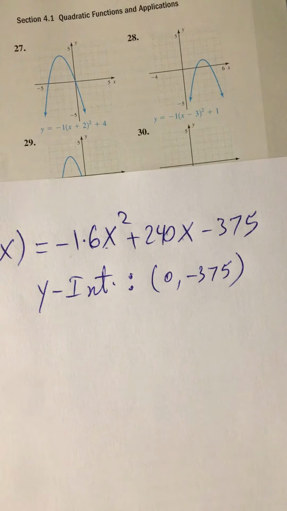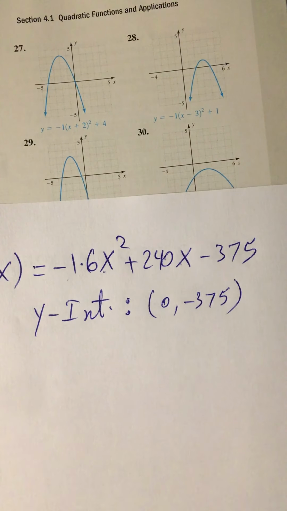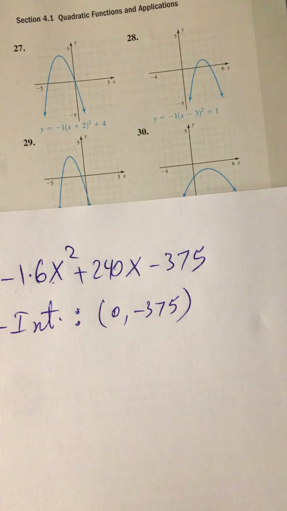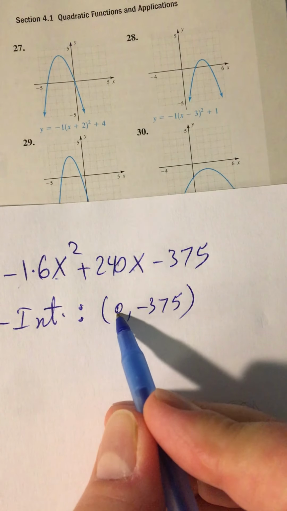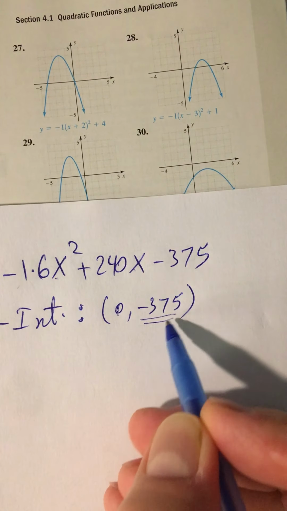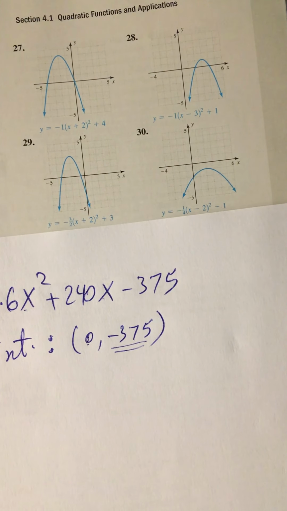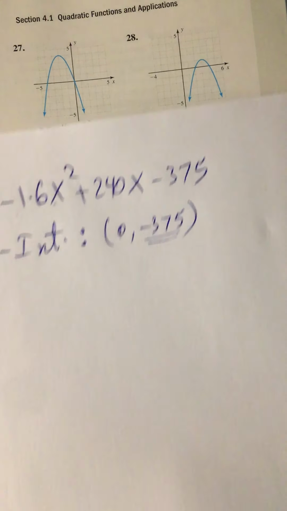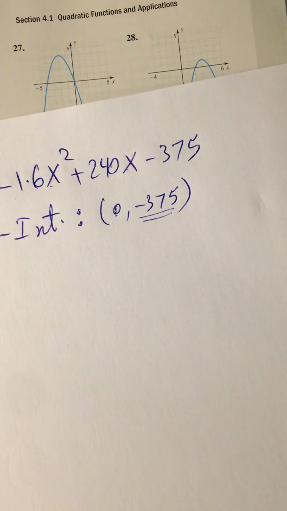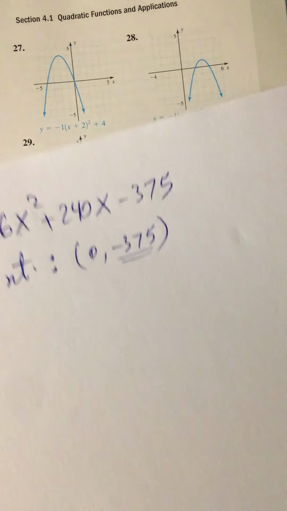That's my y-intercept. So what does that mean in the context of this problem? Well, what does X represent? X represents the number of grandfather clocks that are made. So if the number of grandfather clocks that are made is 0, that means you're not making any money. You're actually losing money. So you're going to lose $375. That's what it means.